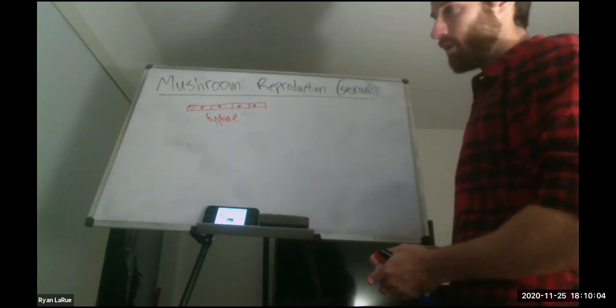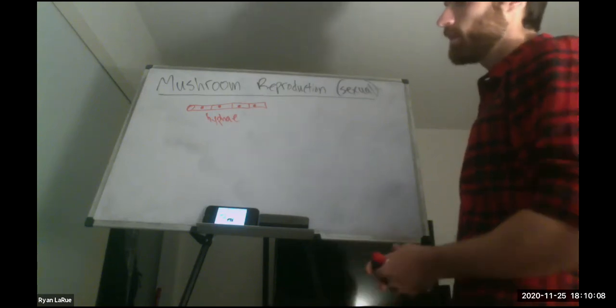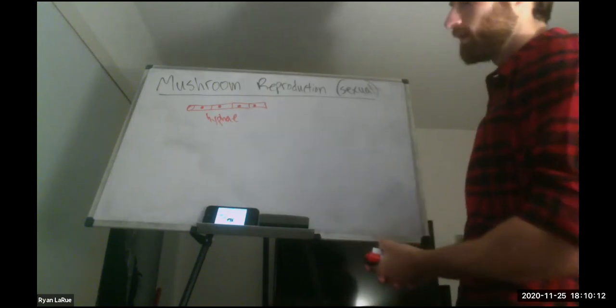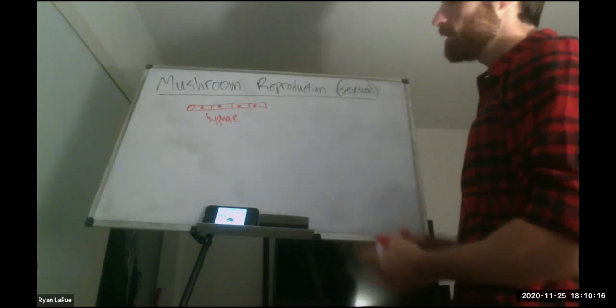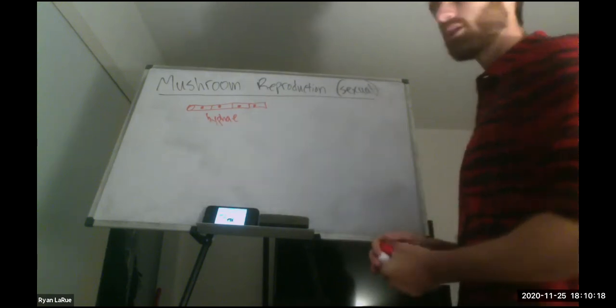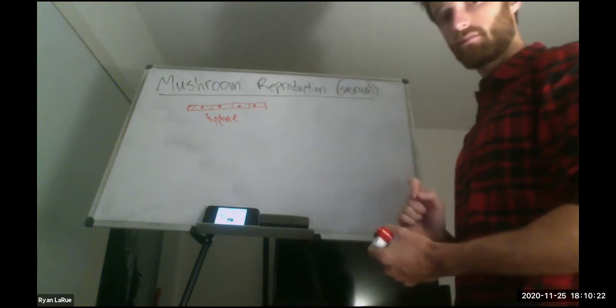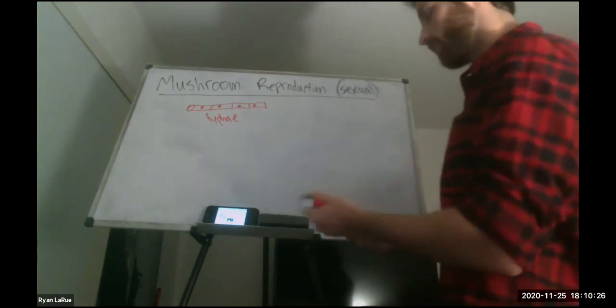Now, if it's produced by mitosis, it means it has all of the genetic material inside that spore from before. It's identical. These spores from mushrooms are actually produced by meiosis, meiotically. So meiotic spore. So I'm going to write meiotic spore.